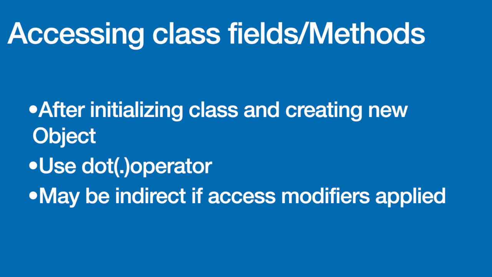So we can access the instance fields and methods with a dot operator if we want to, but the ideal recommendation is encapsulating those data within the class and accessing them indirectly. We will discuss the concept of encapsulation in object-oriented programming in subsequent lectures.